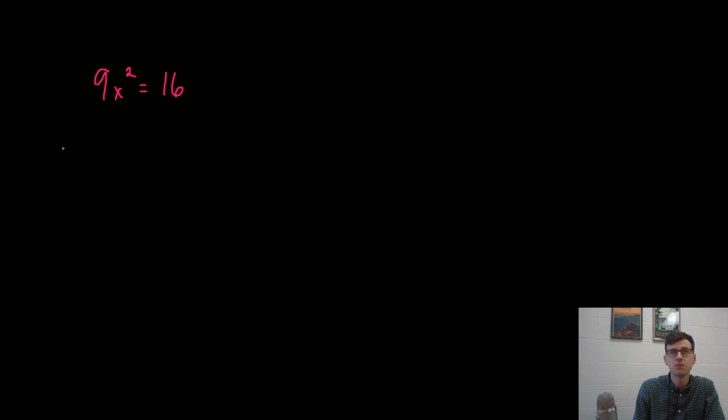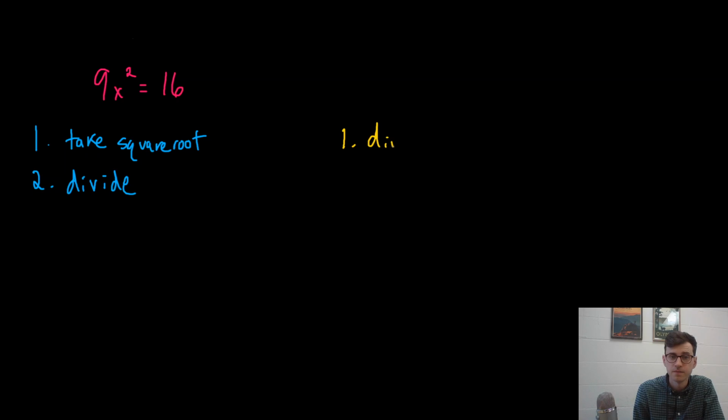One would be to take the square root first and then divide. Or the second option, divide, and then take the square root. Okay, that's your other option. So let's try this one first. Take the square root and then divide.